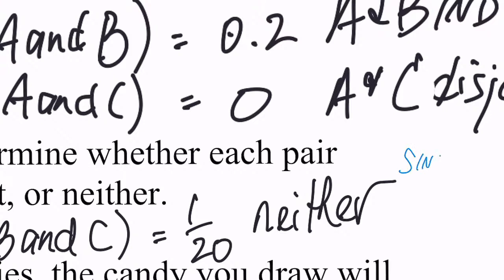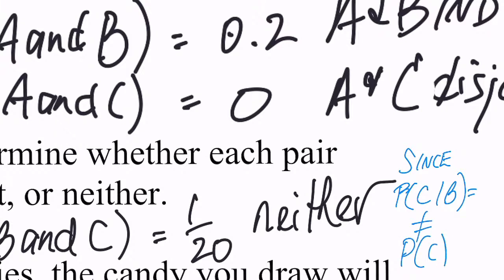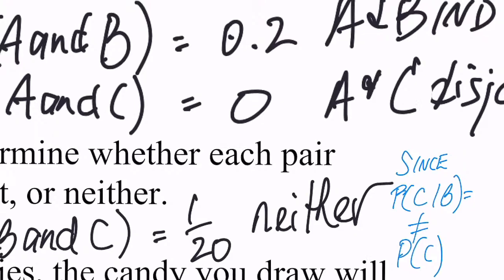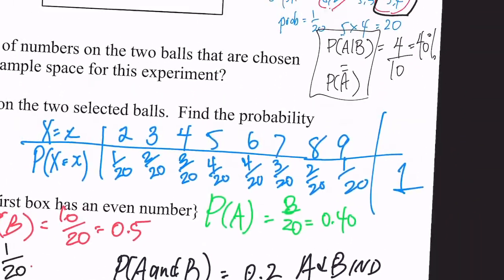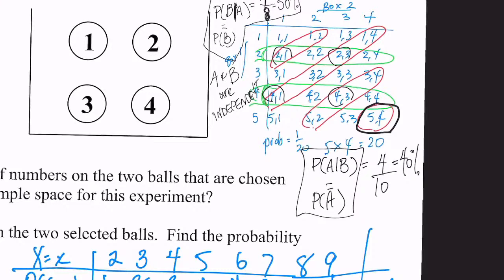Imagine that you're in B and you want to find C. What's the probability of C given B? Now you have to go to the subset of B and see how much of it is C. That is not going to equal the probability of C. They should be the same if it was independent, but they're not. So let's go back and look at B. B is the red.